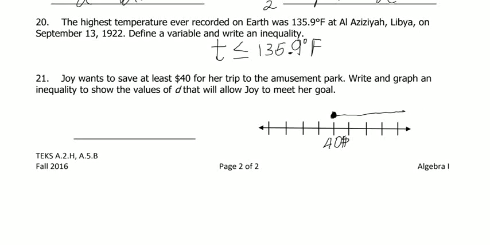So that's going to be x has to be greater than or equal to $40. Instead of using x, let's use D. D needs to be greater than or equal to $40. And voila! Notes are done.